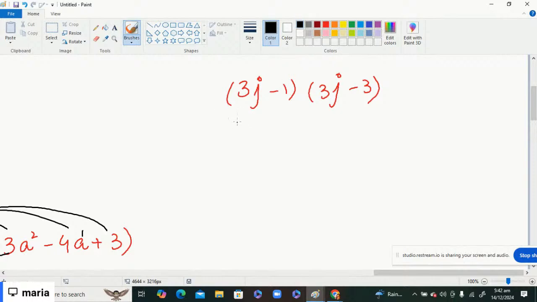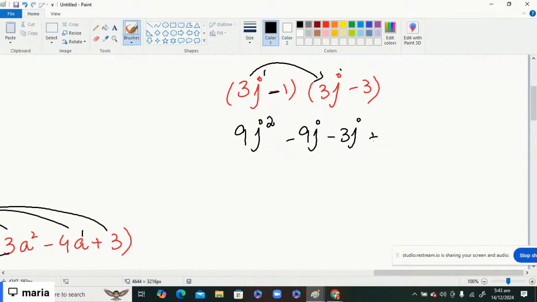Okay, do it. 3 times, first of all, this one. 3 times 3 is 9j square, power j of 1, power j 1. Minus 3 times 3 is 9 and j is as it is. Here is the minus sign, minus 3 and j. Minus minus become plus 3.